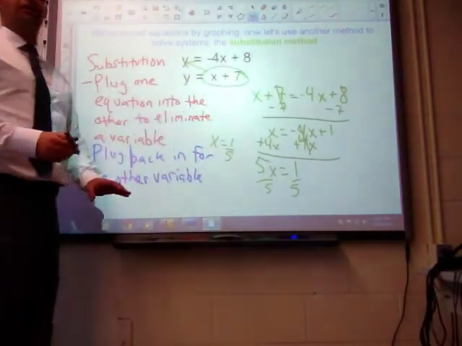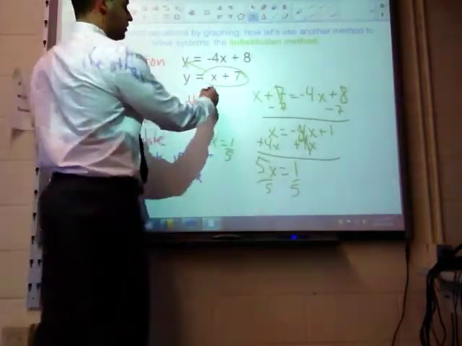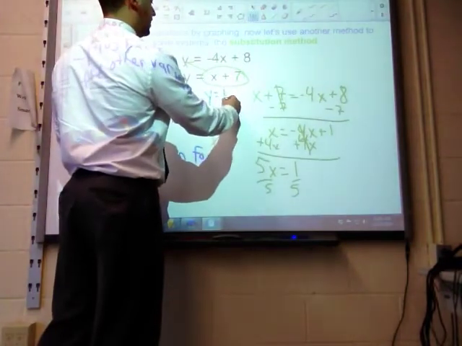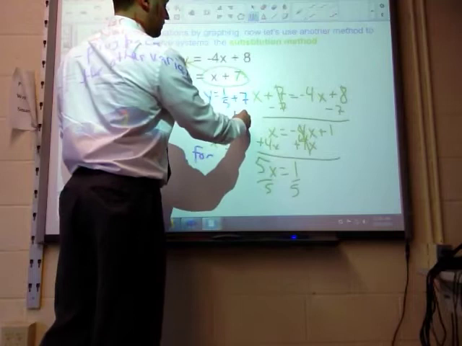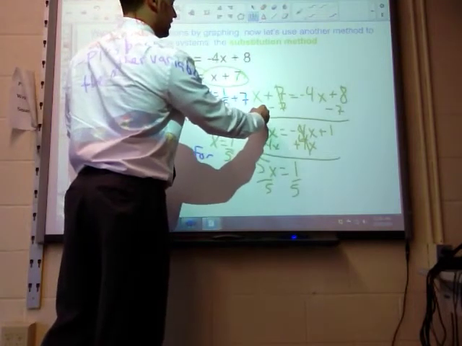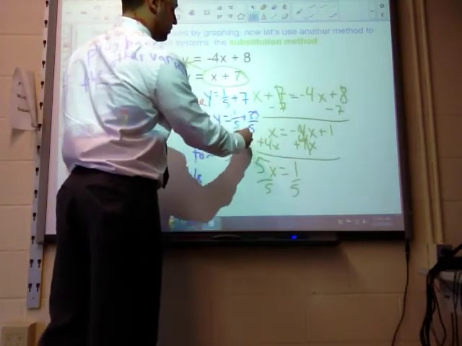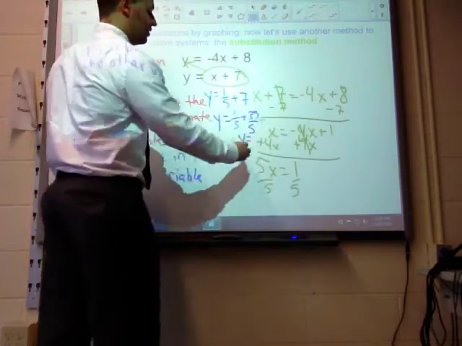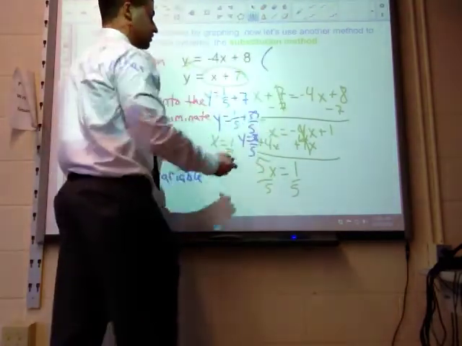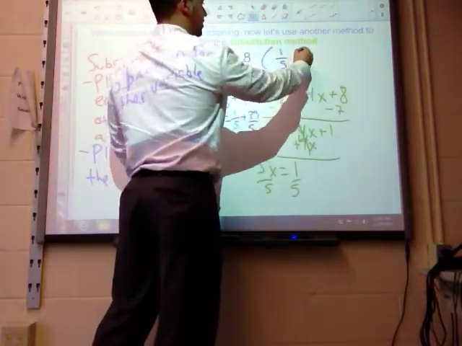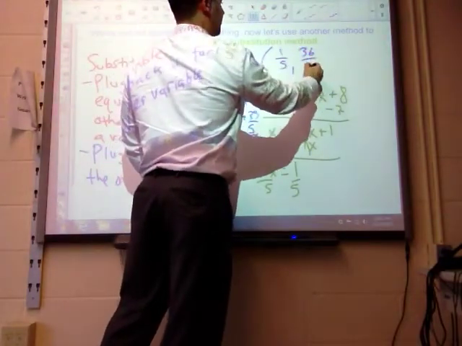Either of the original equations you can plug back into. Y equals 1/5 plus 7. So y equals 1/5 plus 35/5, which is 7 in that form, where 5 is the denominator. Y equals 36 over 5. So remember, our answers are coordinates. We get 1/5, comma, 36 over 5 as our coordinate.